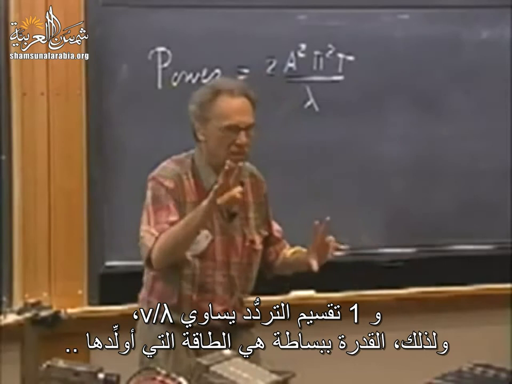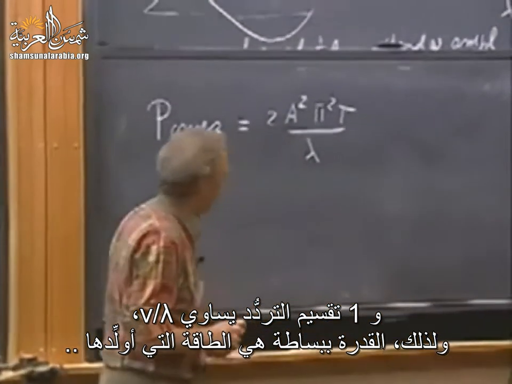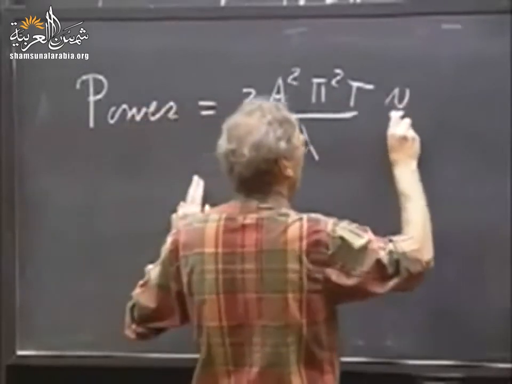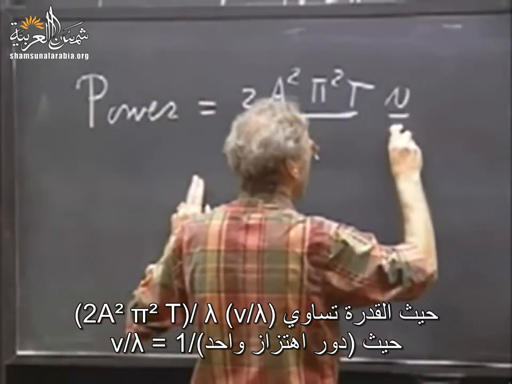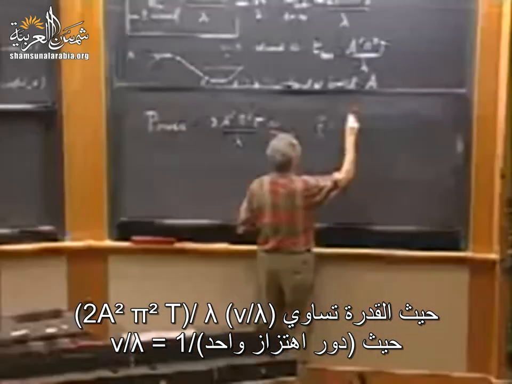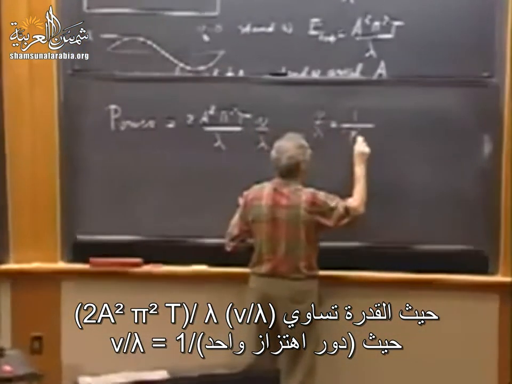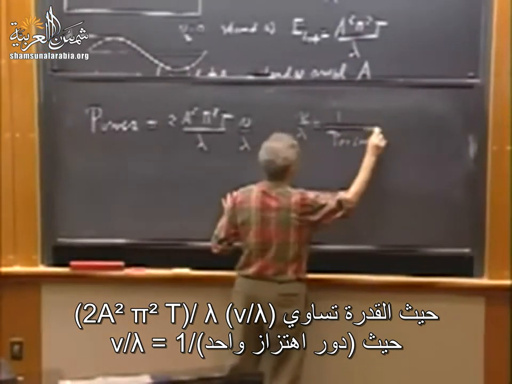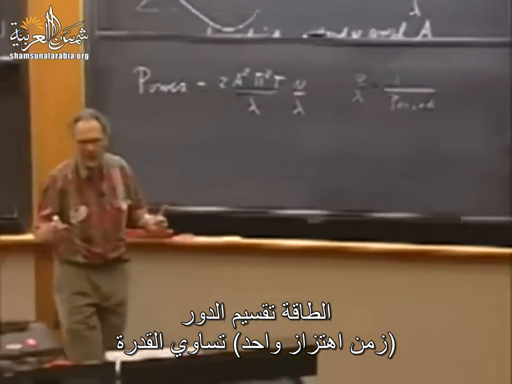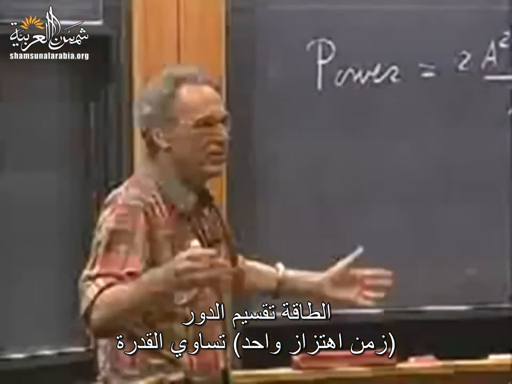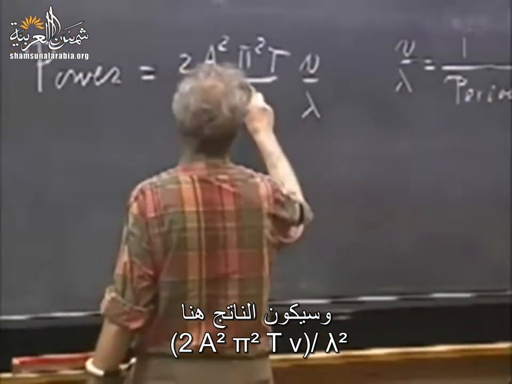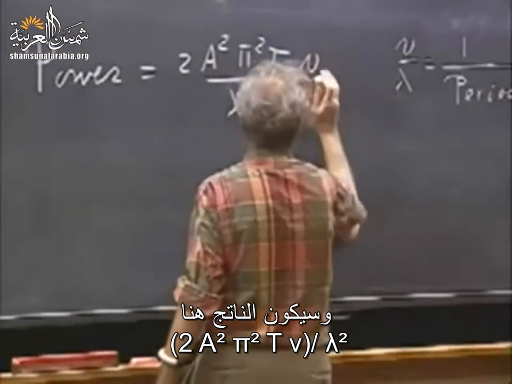And 1 over the frequency is v divided by lambda. So therefore the power is simply the energy that I'm generating, and v divided by lambda is 1 over the period of one oscillation. Energy divided by period, the time that it takes to make one oscillation, is per definition power. And so then you get the result here, you get a lambda square here, and you get a v there.